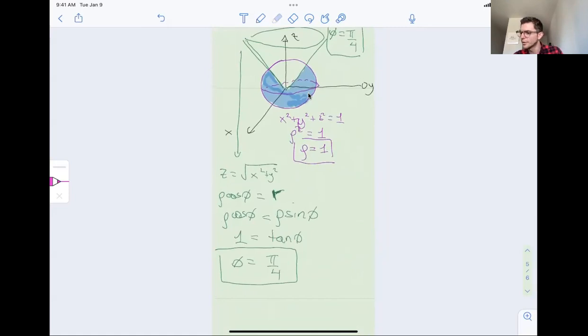And then, what are the bounds for the integral? Again, what you have to draw are rays of light.